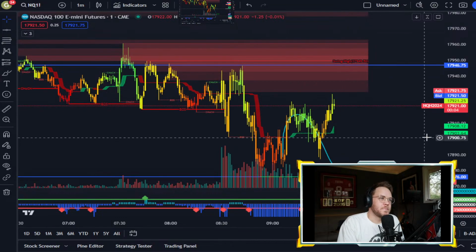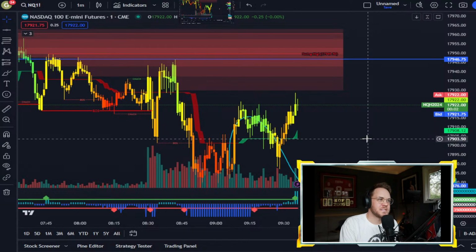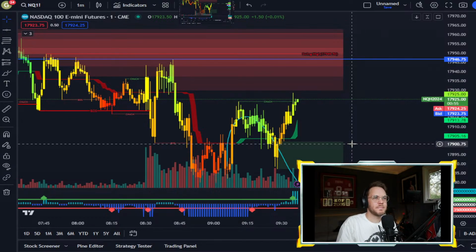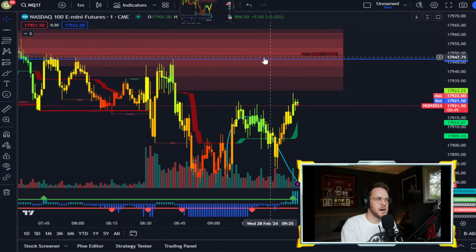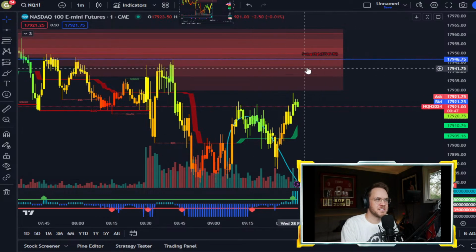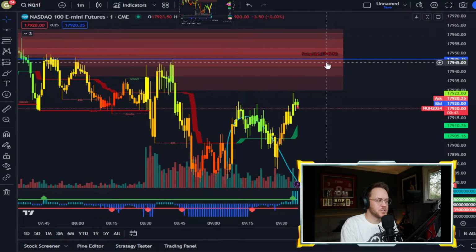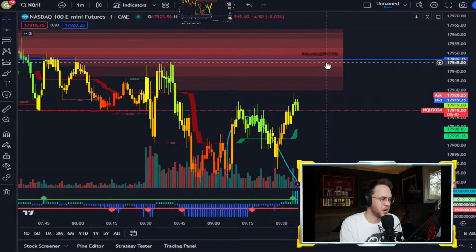All right, what are we doing, Nasdaq? What are we doing? We have so much resistance up here before we get to the high of the opening range. I would be shocked if we made it that far.